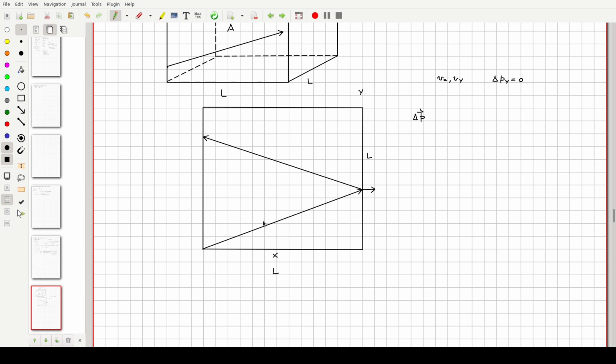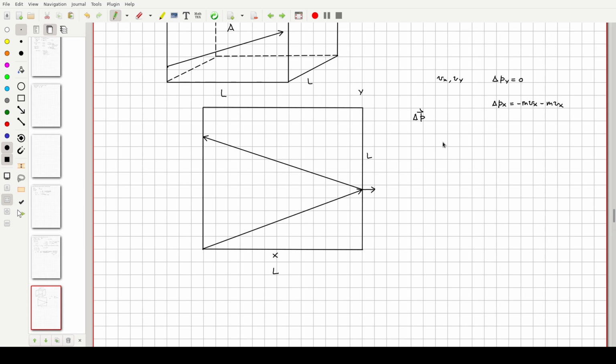However, in x, the final momentum is to the left and the initial momentum is to the right. Change means final minus initial, so the change in momentum along x would be minus mVx minus mVx. Final, which is to the left, minus the initial, which was to the right, but they're identical in magnitude because the mass of the wall is so much greater than that of an individual particle.